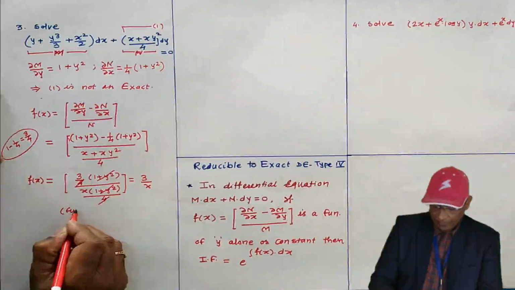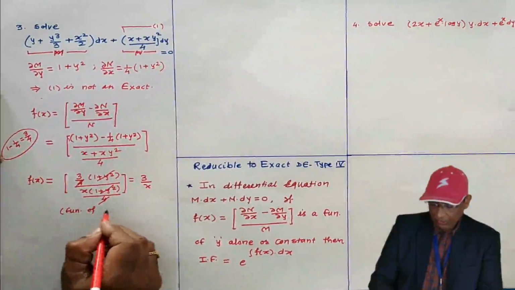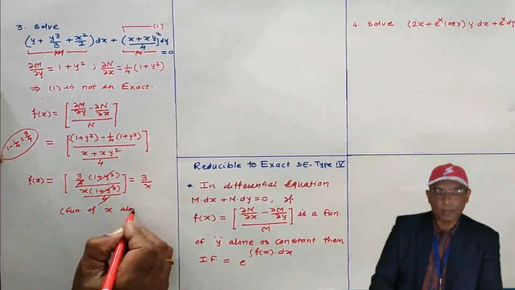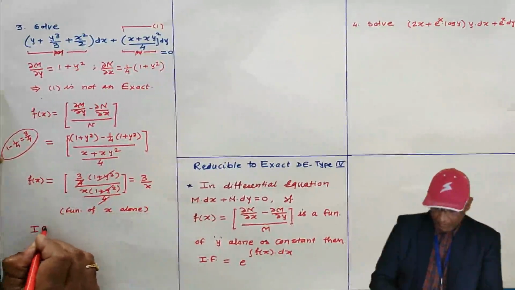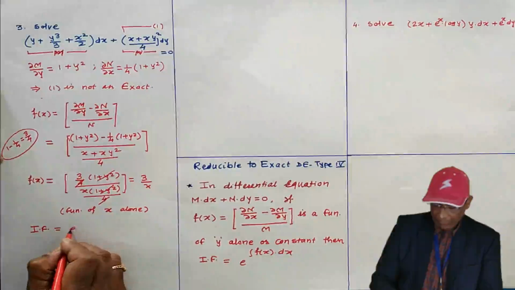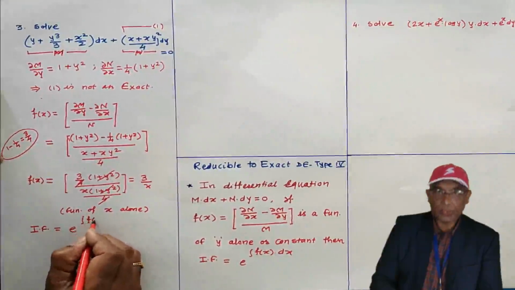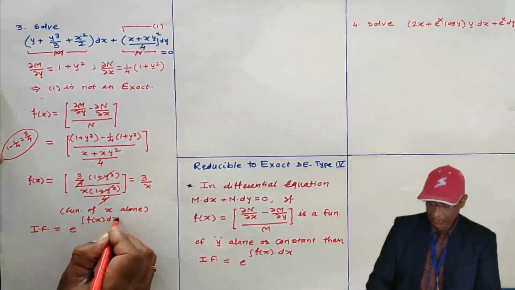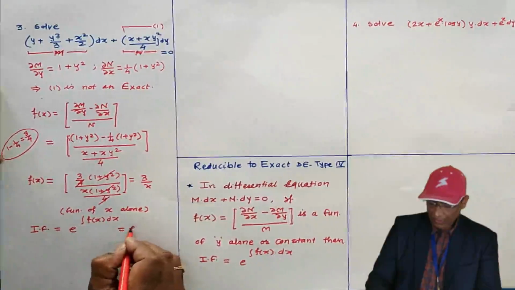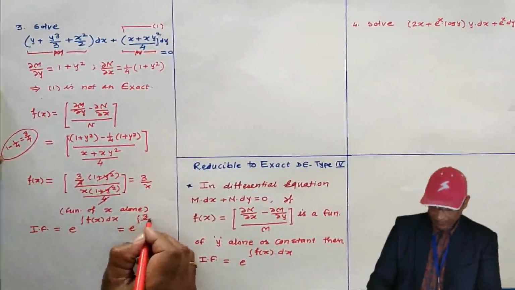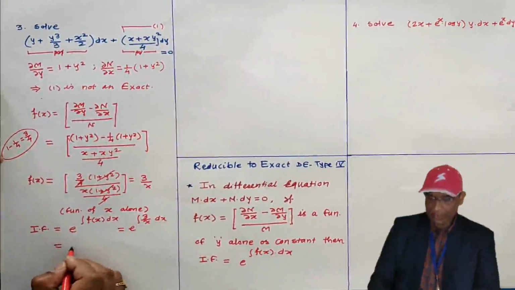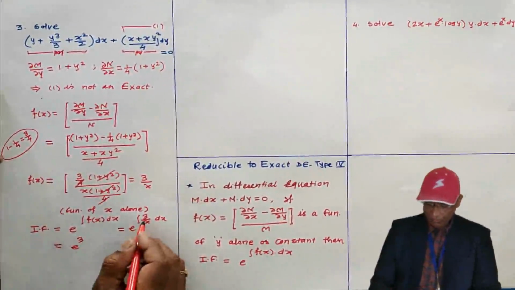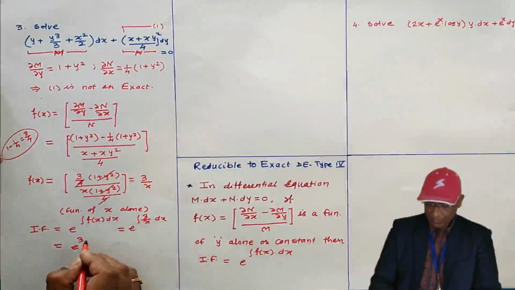If f(x) is a function of x alone, then the integrating factor e power integral of f(x) with respect to x we can use. Putting the value of f(x), the 3 is outside, and the integral of 1 by x is log x.